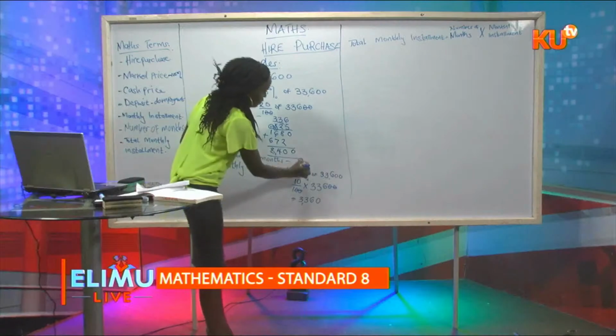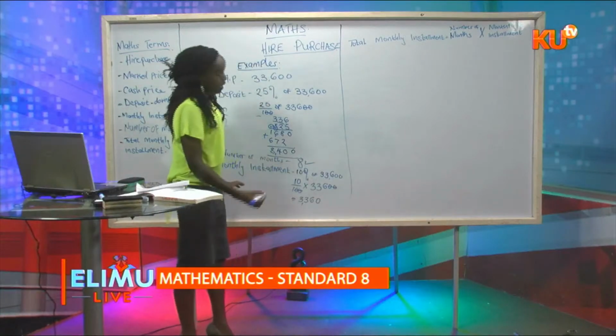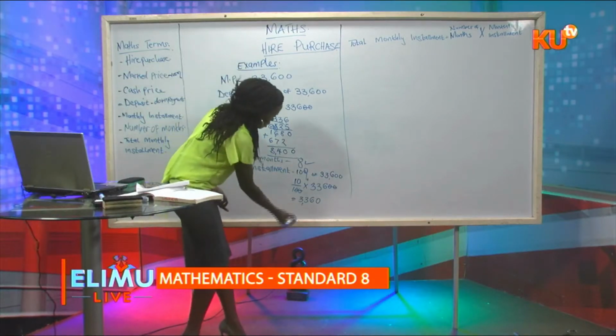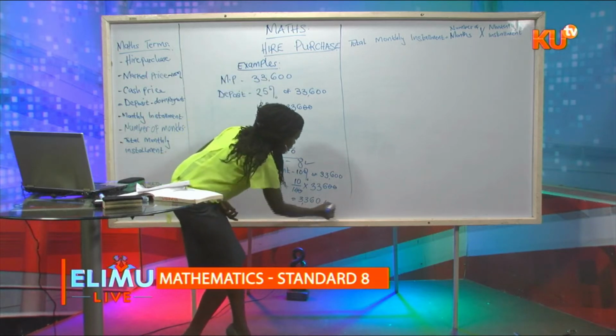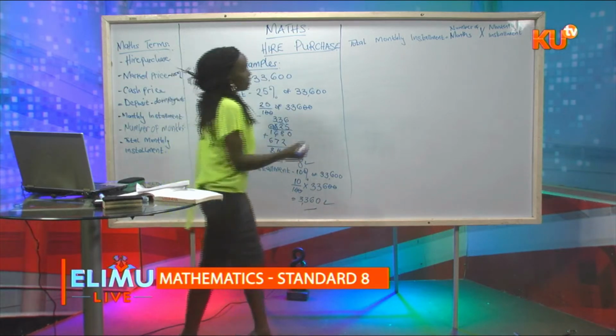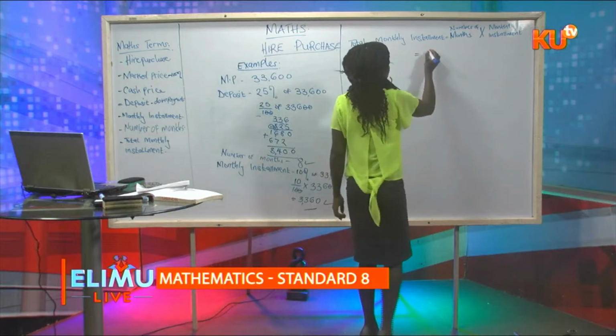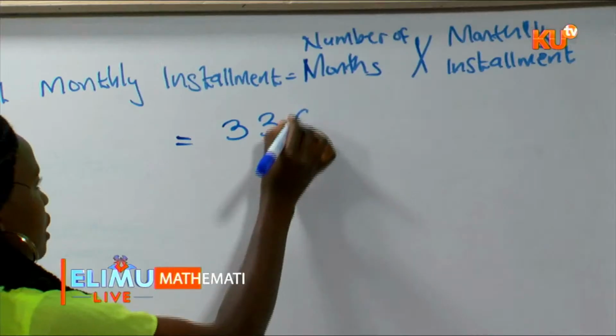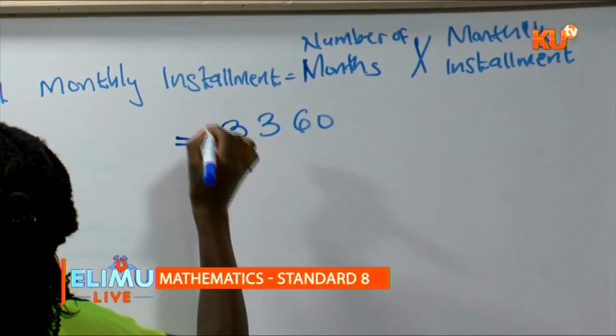The number of months, they were 8. Then the monthly installment, each installment was 3,360. So 3,360 times 8.